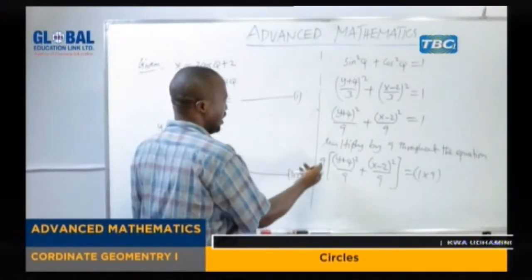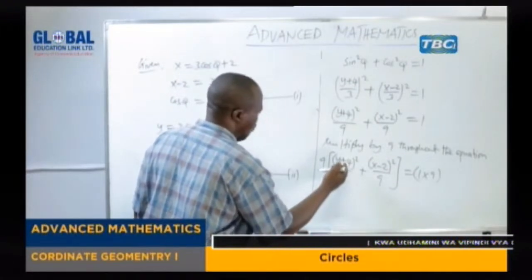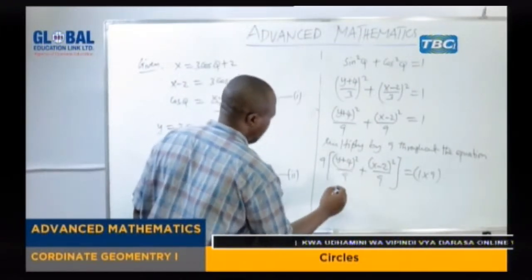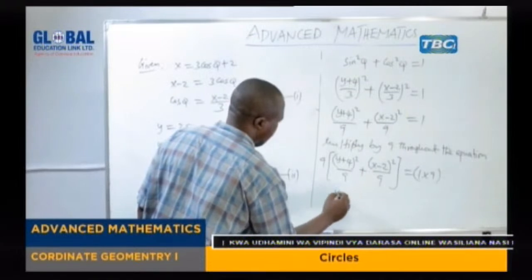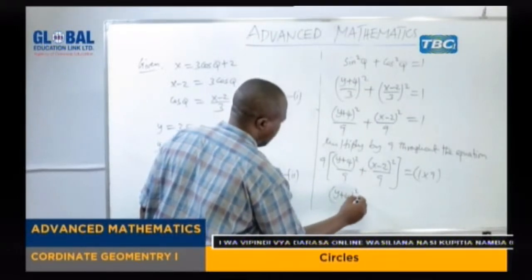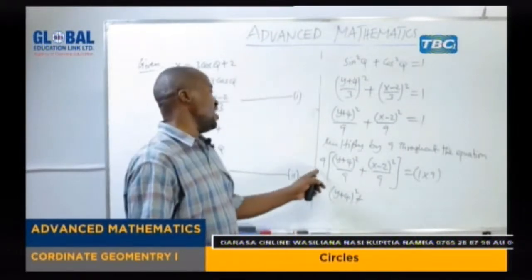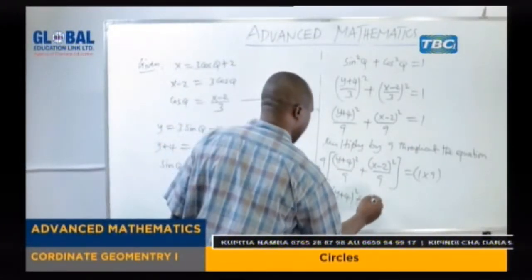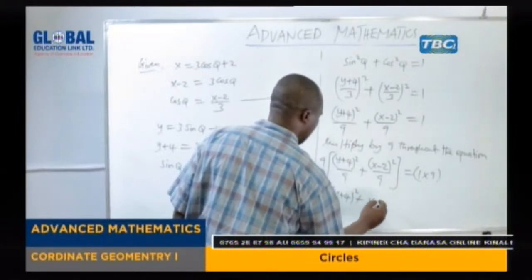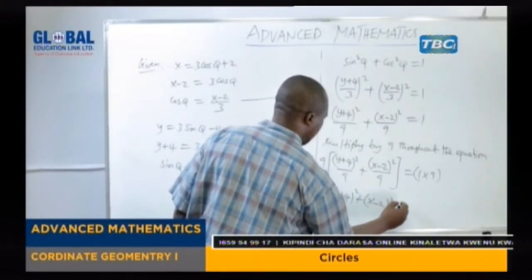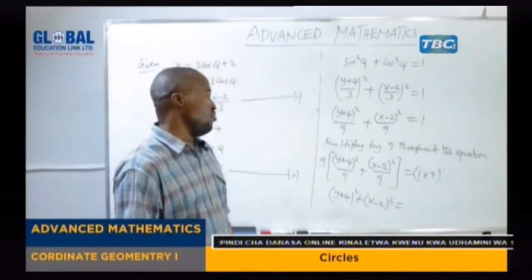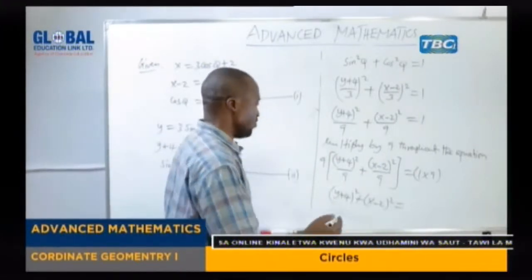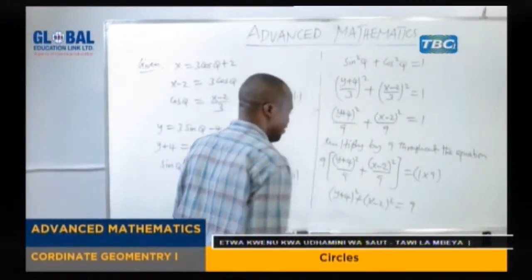So here we are going to have 9 times (y plus 4) squared over 9, this will be (y plus 4) squared, plus again 9 times (x minus 2) squared over 9, we are going to have (x minus 2) squared, which is equal to, this time we have 1 times 9, which is equal to 9.